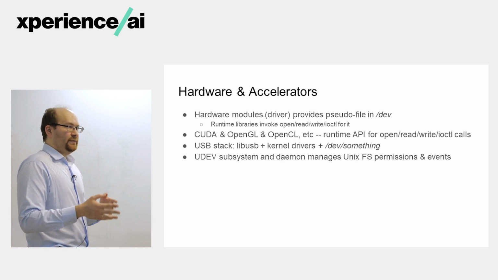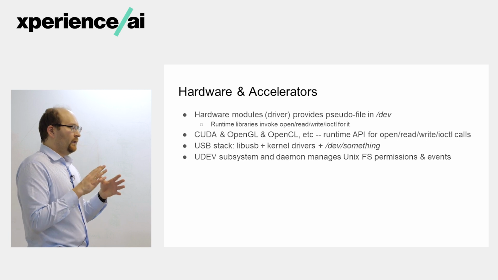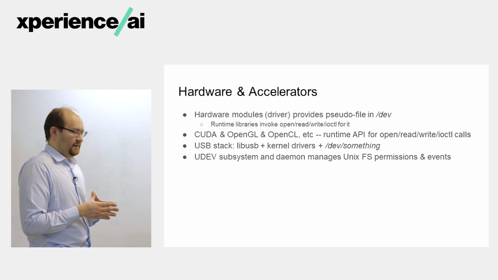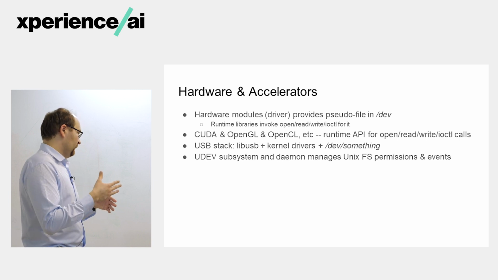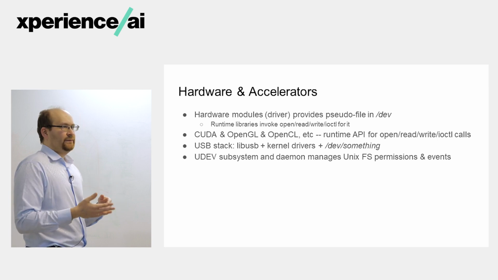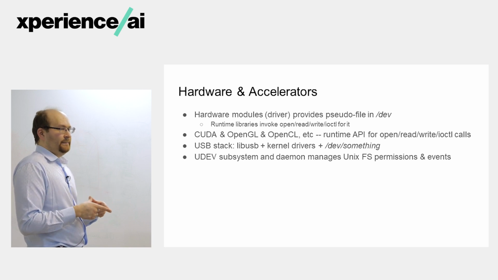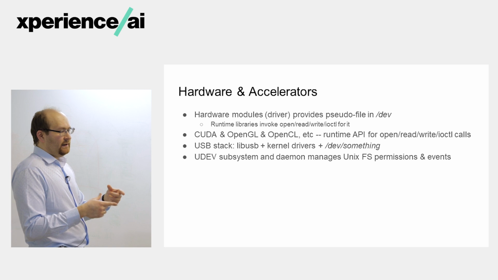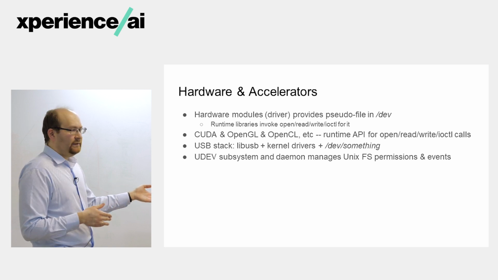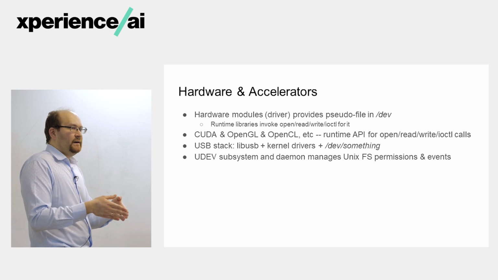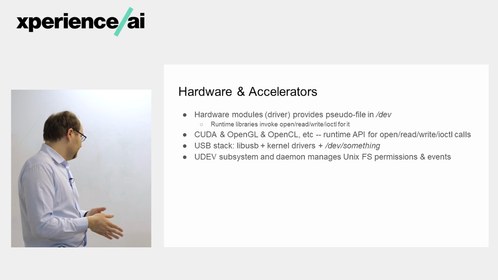If you work with storage, then the kernel works for you because it's a well-known type of USB device. But for most other types of devices, software is implemented on top of libUSB, and again, it's a read-write ioctl call for some device file in the dev file system.